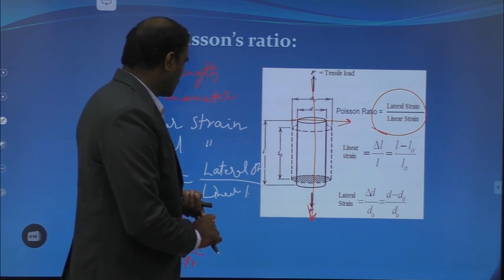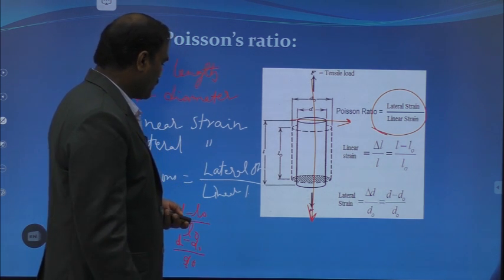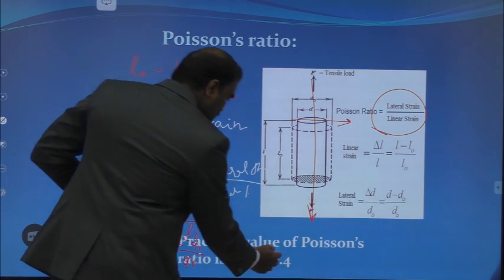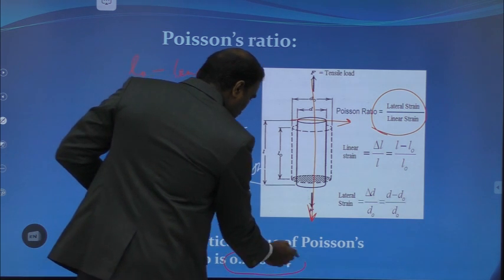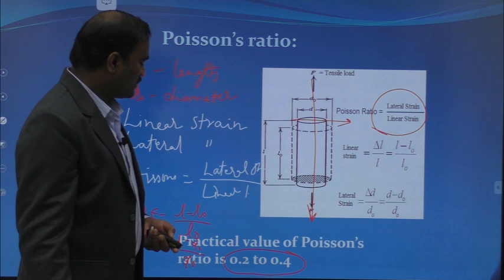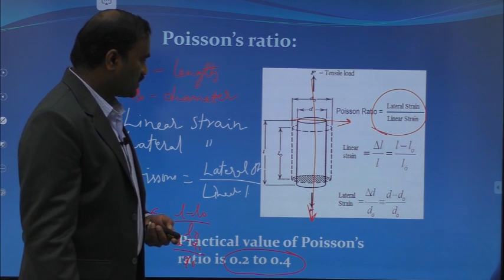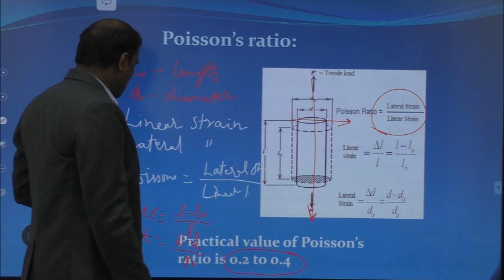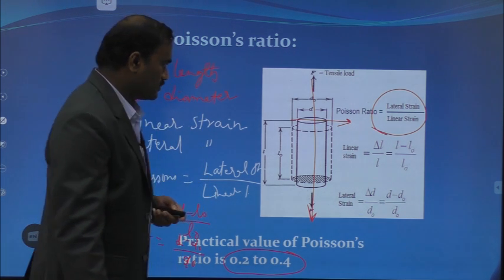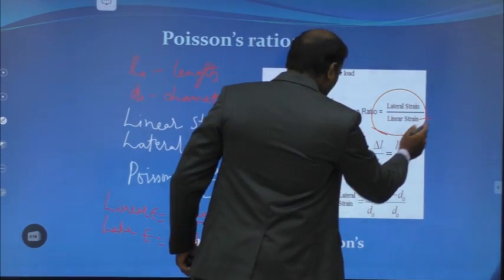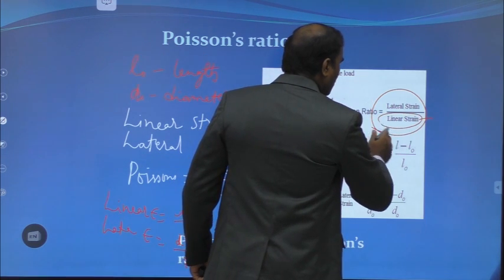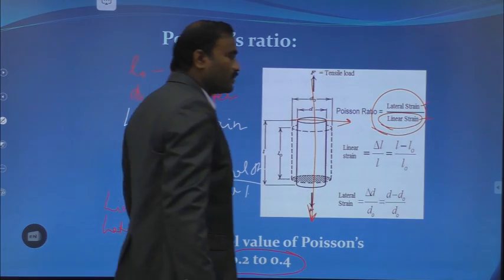So the Poisson ratio value ranges from 0.2 to 0.4, at the most 0.5. This is the range of the Poisson ratio value. From this, what we can observe is that the linear strain is always greater than the lateral strain. 0.2 to 0.4 means the denominator value is always greater than the numerator value.